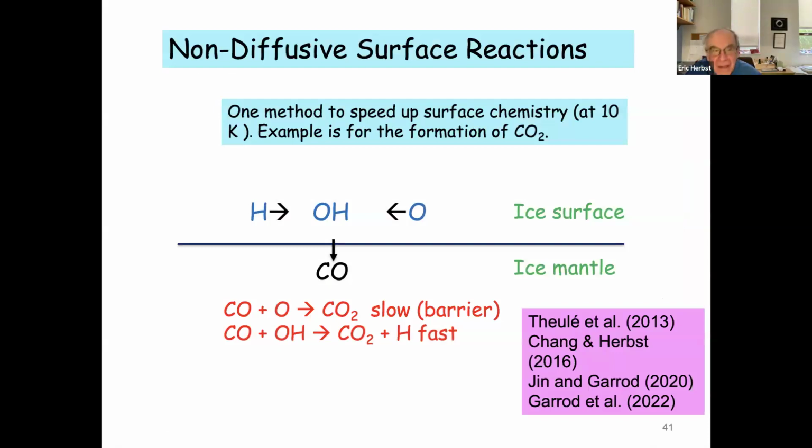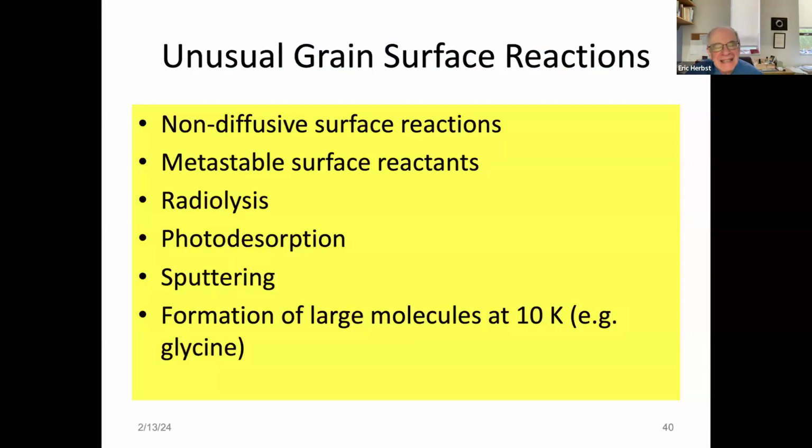Radiolysis is another process in which molecules are bombarded by cosmic rays, and they form ions, and the ions are on the surface now, because with radiolysis the cosmic rays have no trouble going through dust particles. So ions are formed by collisions of cosmic rays with neutral species. The ions react, and one can make these COMs by radiolysis.